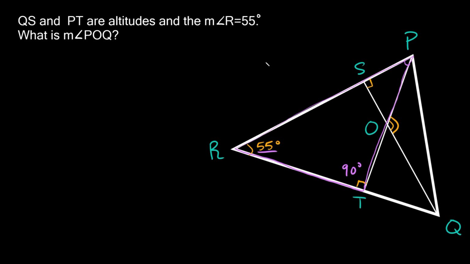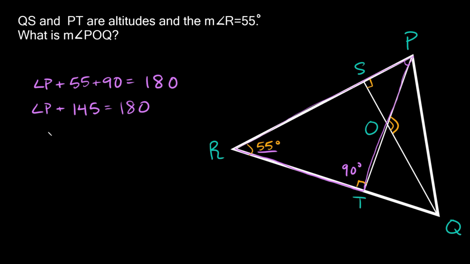Well, we could write this as angle P plus 55 plus 90 has to equal 180 degrees. So here we would get that angle P plus 145 degrees is equal to 180 degrees. So here we can see that angle P would be equal to 35 degrees, right? So then this measure up here is 35 degrees.